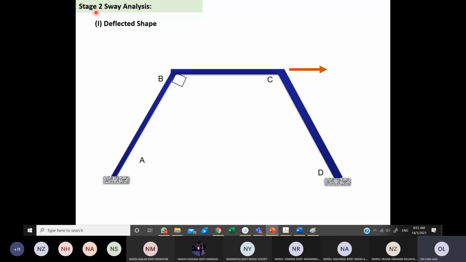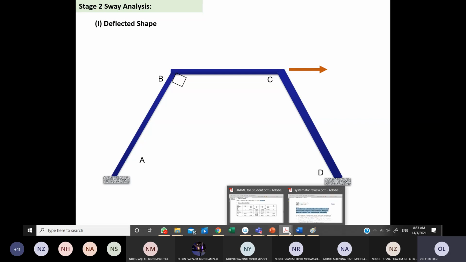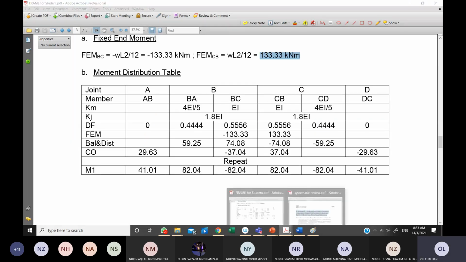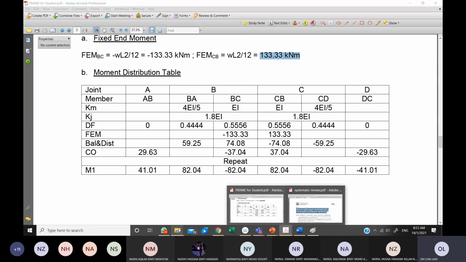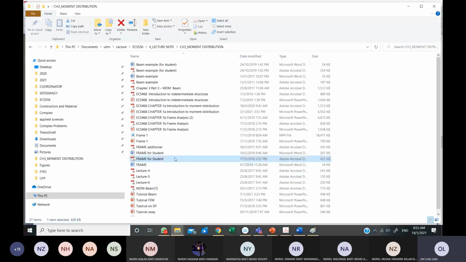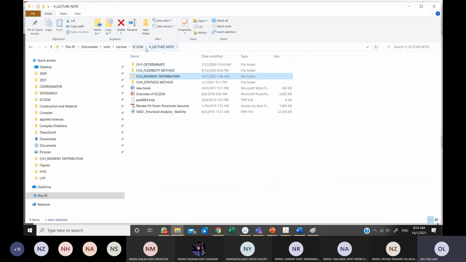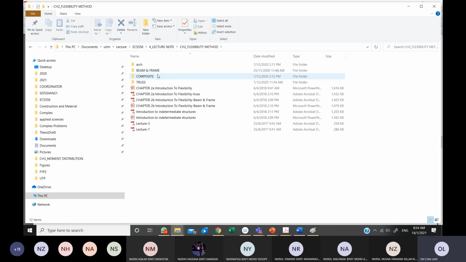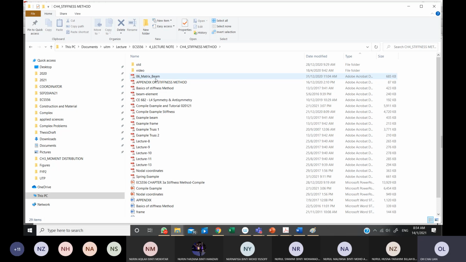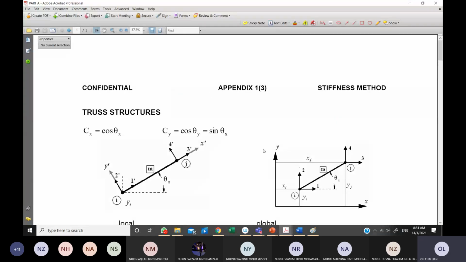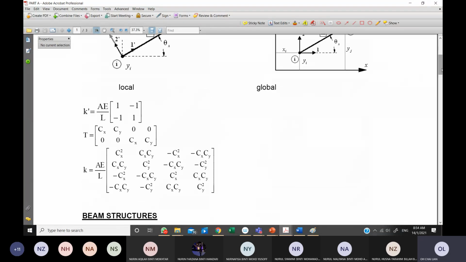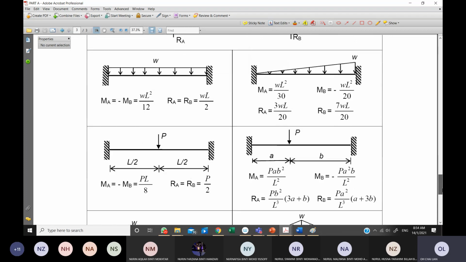Okay, so for fixed end moment, let me see, I have a 2. Where is my appendix? Okay.